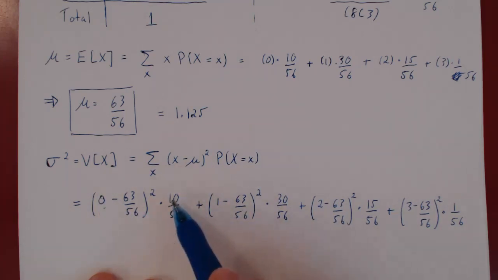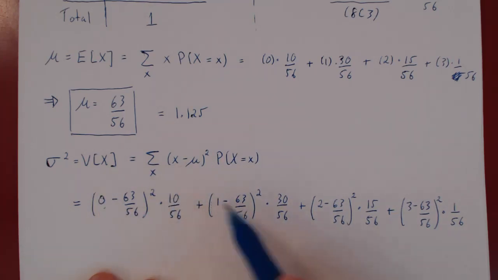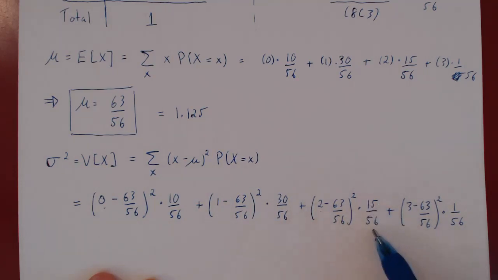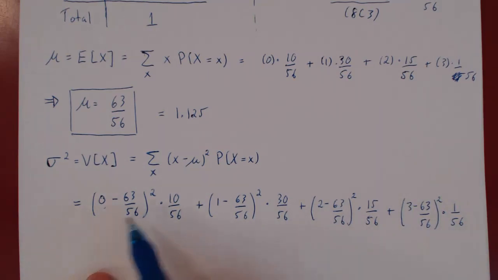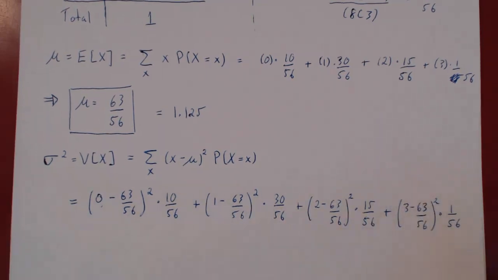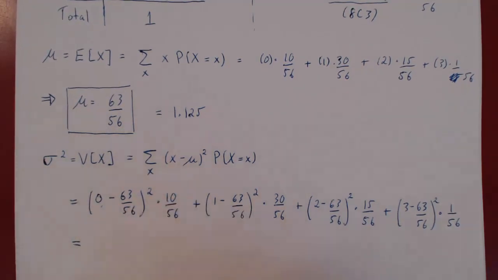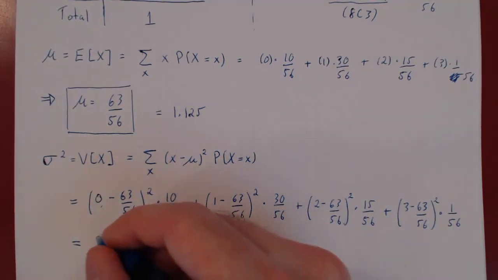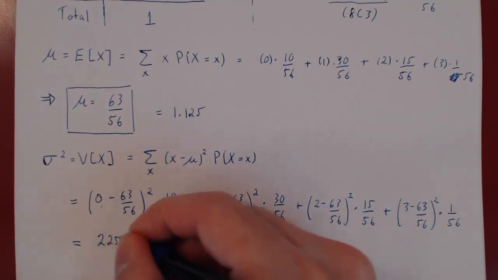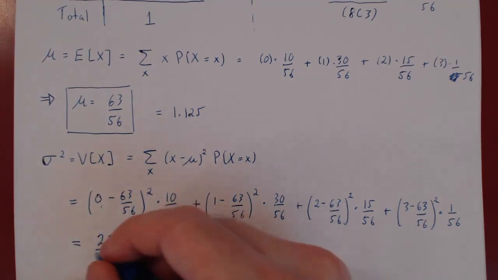0 was a probability of 10 out of 56, 1, 30 out of 56, 2 was 15 out of 56, and 3 was 1 out of 56. When you compute this again, use the fraction command on your calculator to get the exact value, and you should find a value of 225 divided by 448.